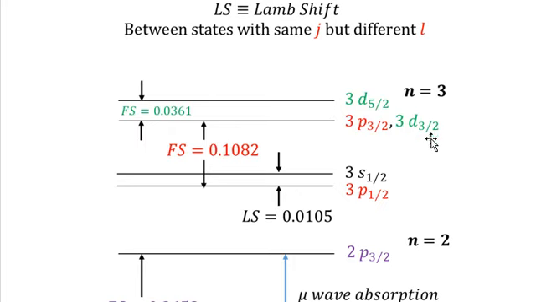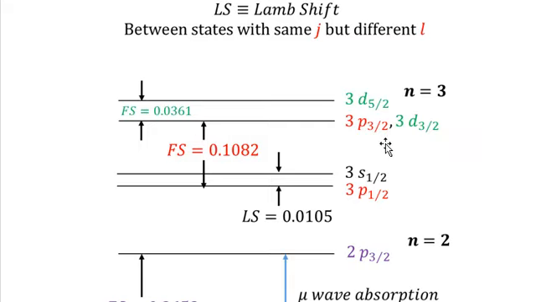And you know that for d3/2 and d5/2, having different values of J but the same value of L, the energy gap is the fine structure energy gap, which is 0.0361 centimeter inverse.